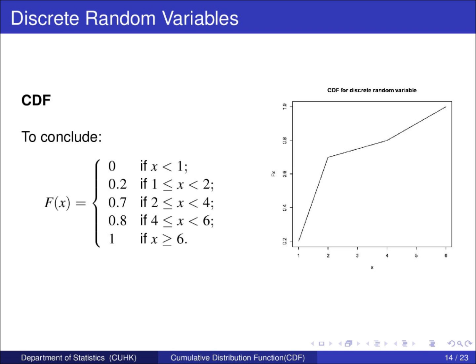If x is larger than or equal to 2 but smaller than 4, the CDF will be equal to 0.7. If x is larger than or equal to 4 but smaller than 6, the CDF equals 0.8. And finally, if x is larger than or equal to 6, the CDF will be equal to 1.